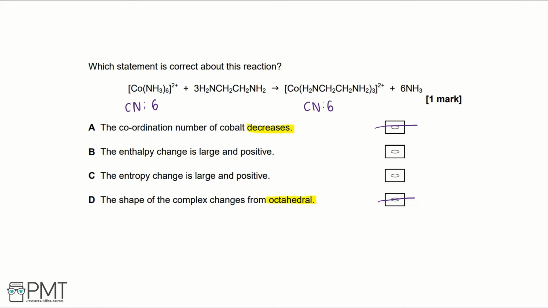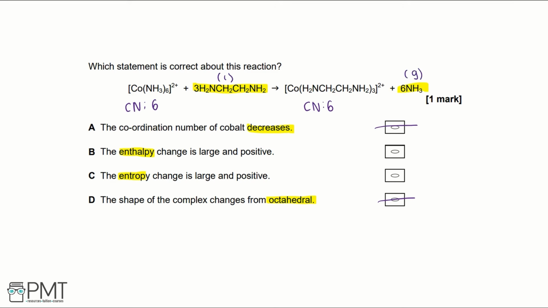And the only difference between B and C is that one is looking at enthalpy change and one is looking at entropy change. To help us understand this, we need to look at what we're changing in this reaction other than our complexes. So we're going from 3 ethyl diamines to 6 ammonias. And that is a change in state from a liquid to a gas.